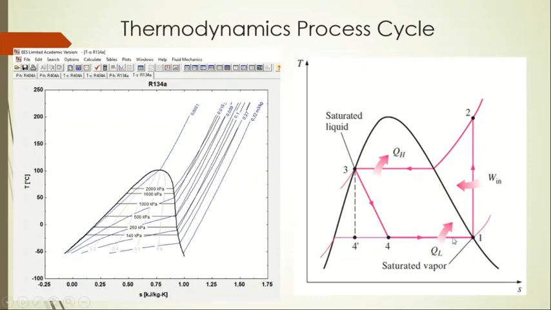So when it enters the compressor, it is definitely in a completely gaseous state. As we know, the compression process is a constant entropy process, an adiabatic process. So it will move in that manner that it will increase the temperature. Ultimately the entropy of the process remains constant up to point 2.